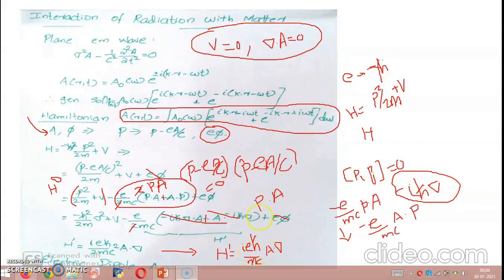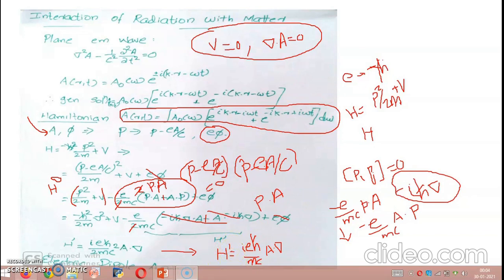In this case, A is given by this equation, A equal to integral A0 of omega e raised to i k dot r minus i omega t plus e raised to minus i k dot r plus i omega t d omega. So by substituting this expression for A, we will be able to modify this perturbed part of the Hamiltonian.